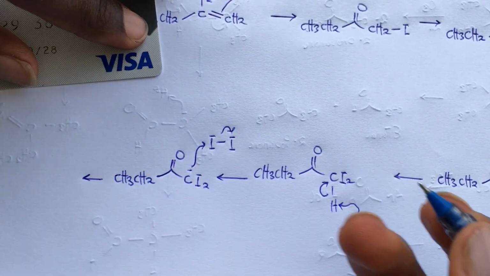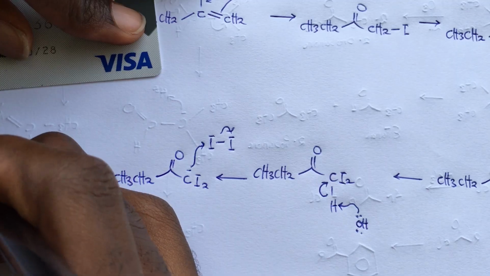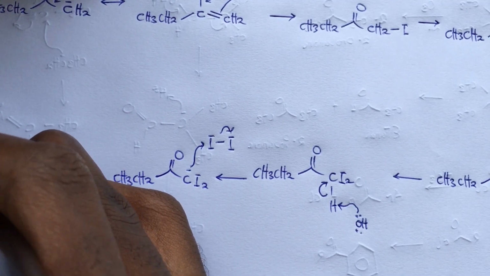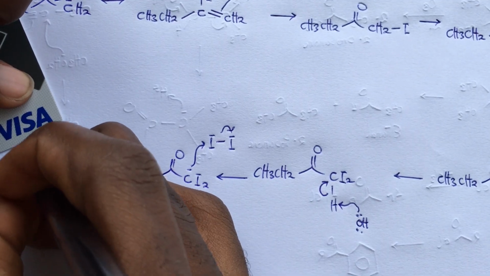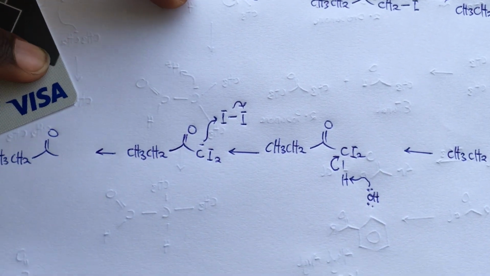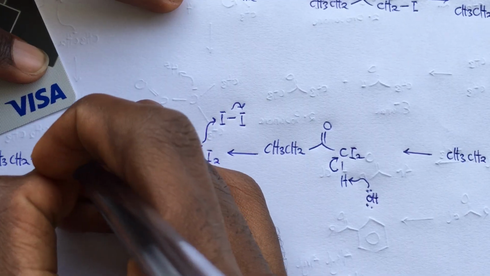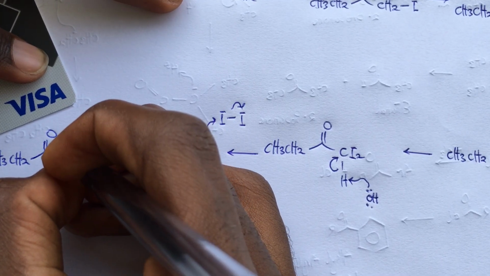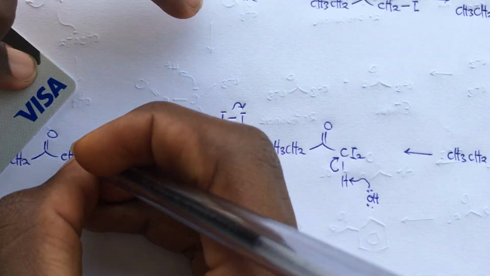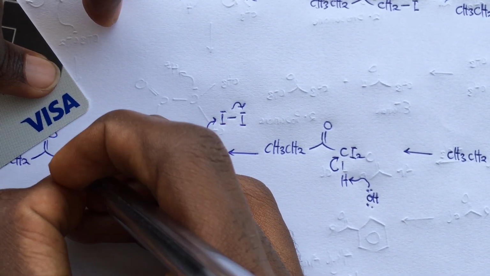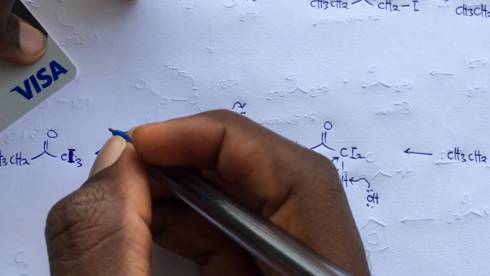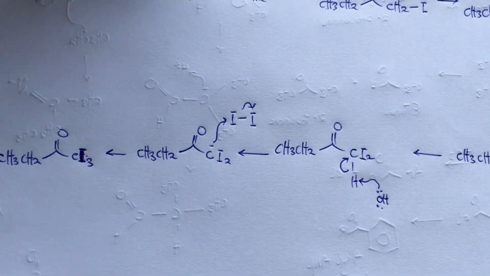So a lot of OH minus is being produced. We're going to have our CH3, CH2, and then we are going to have something like this. Sorry, we are not going to have any hydrogen again. We are going to have only CI3. You can see all the alpha hydrogens have been replaced with iodine.